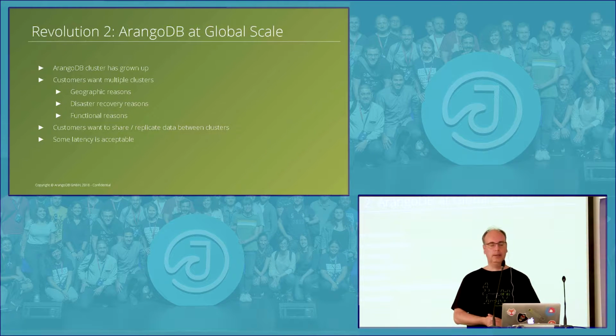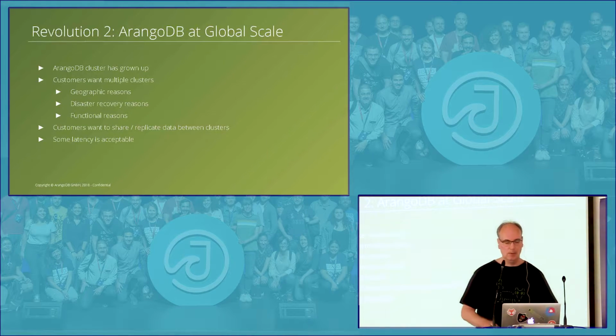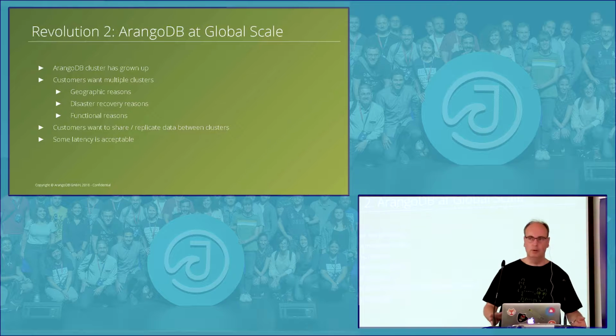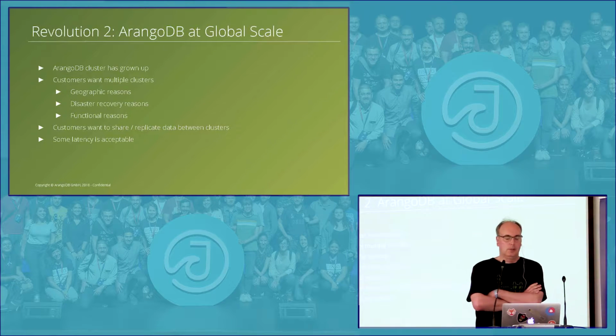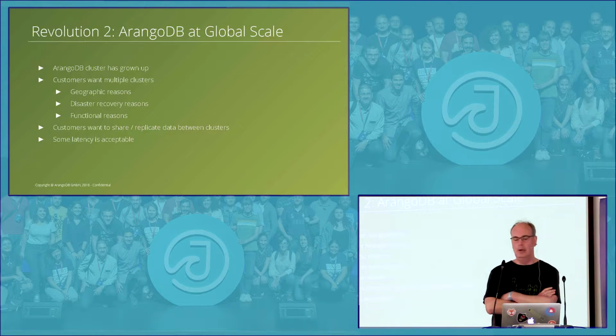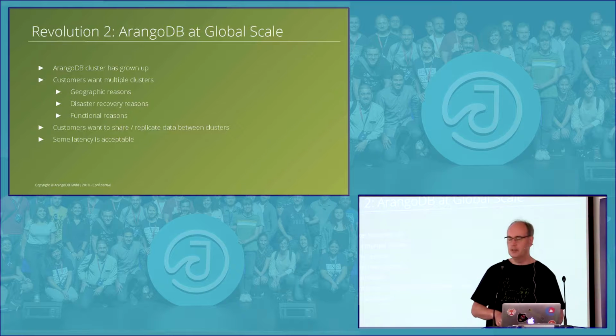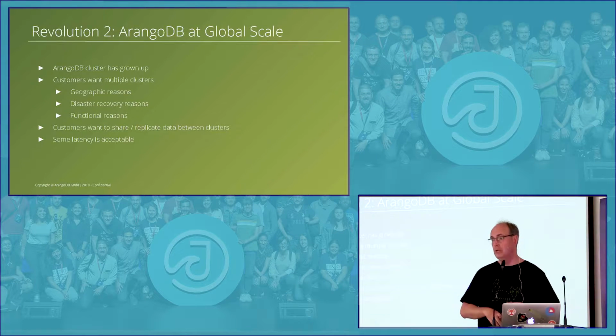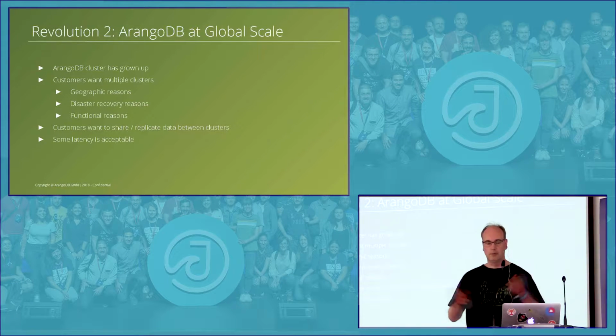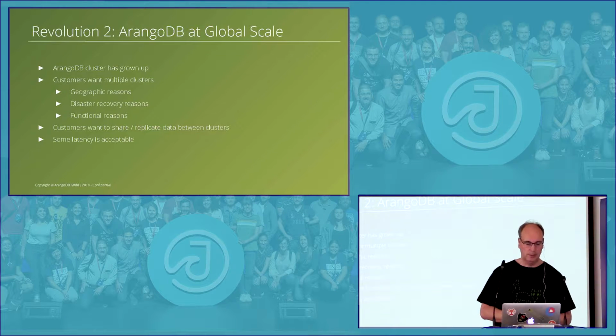We were like, okay, let's think about that a little bit, and we started asking, why do you want to do that? The customers came up with some very reasonable answers. It was all about geographic availability. It was about disaster recovery in case of really big disasters, like your entire data center burns down or something like that.